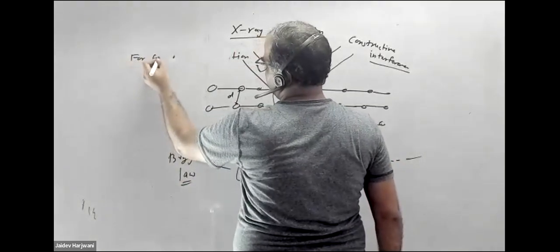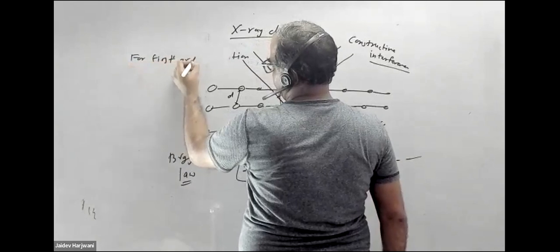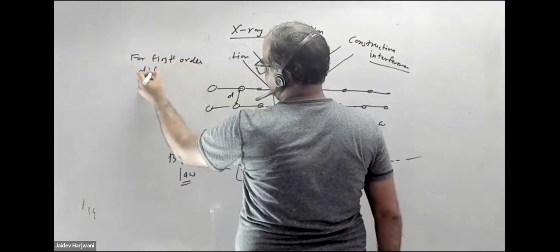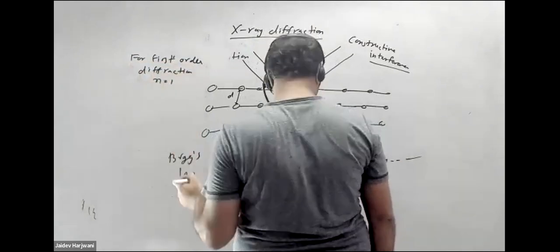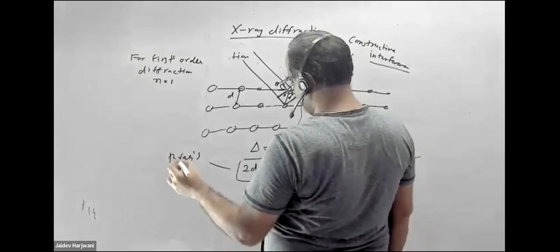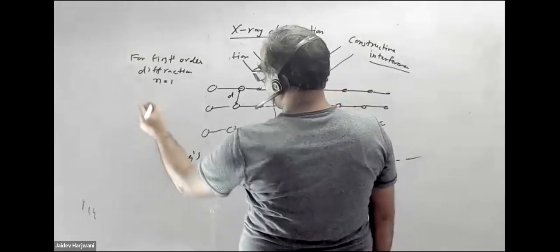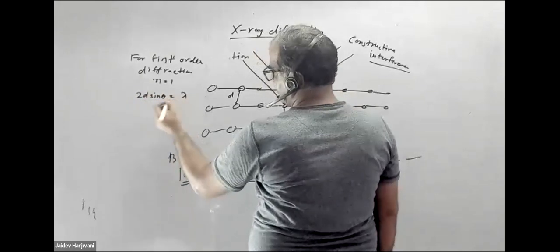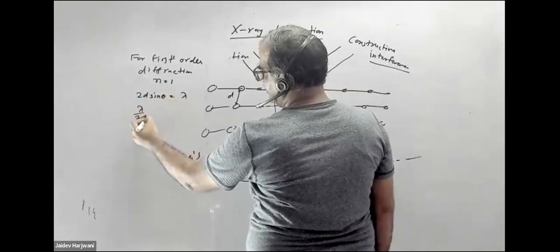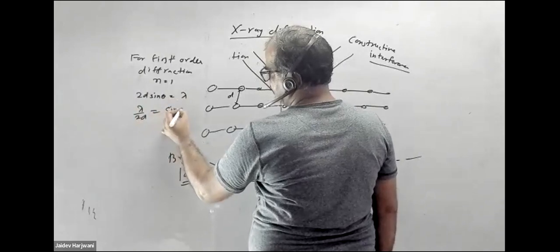So if I put n equal to 1 here, this will give me 2d sin theta equal to lambda, and lambda upon 2d will be equal to sin theta.